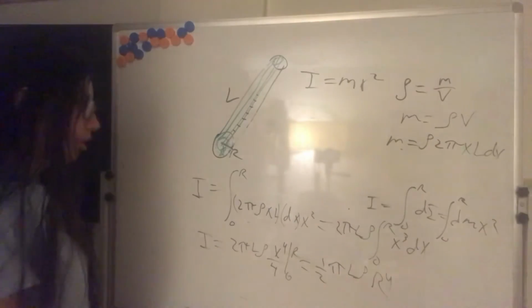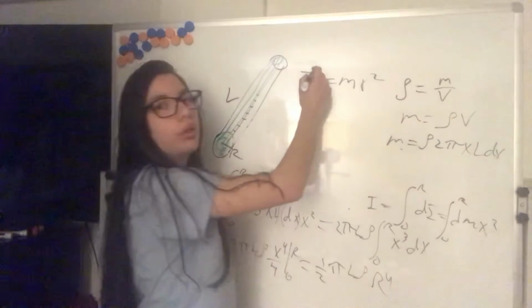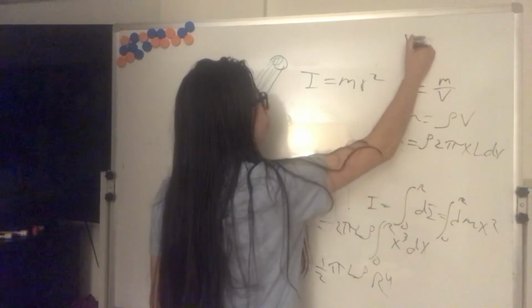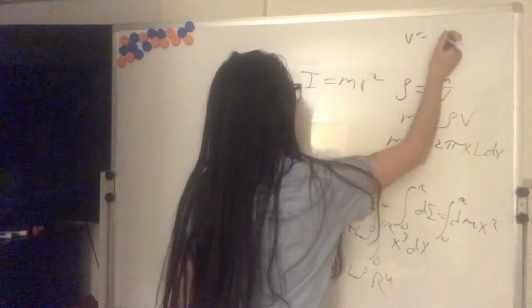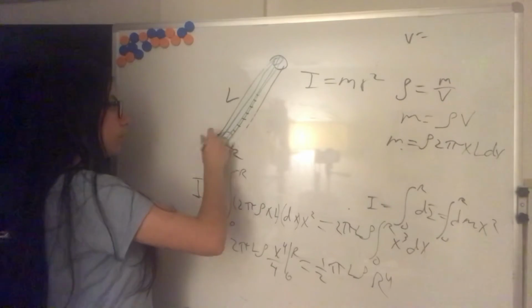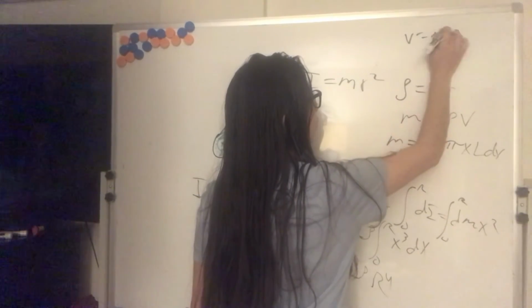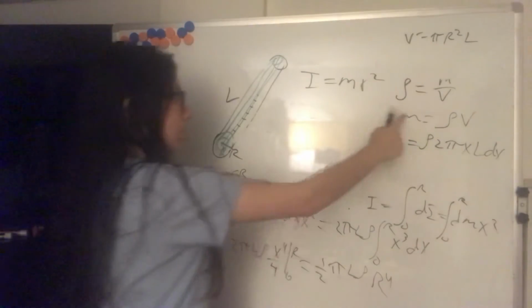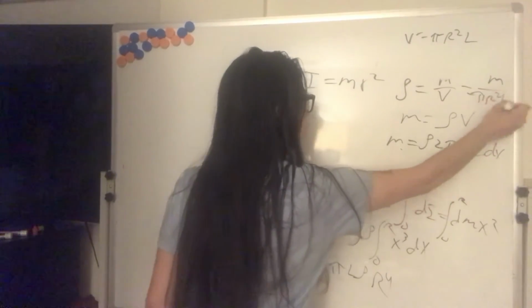And now let me substitute again the density. We know that the density is mass per volume, and we know that the volume of the solid cylinder is the area of the base times the length, so it would be pi r squared times l. So the density would be mass over pi r squared l.